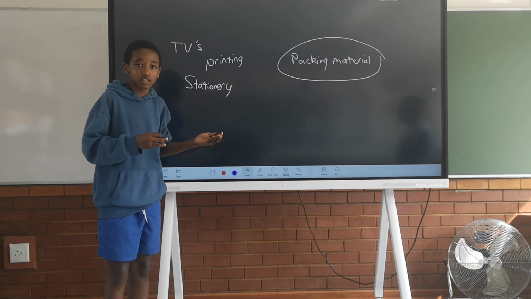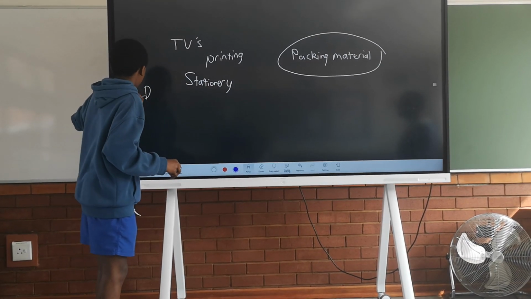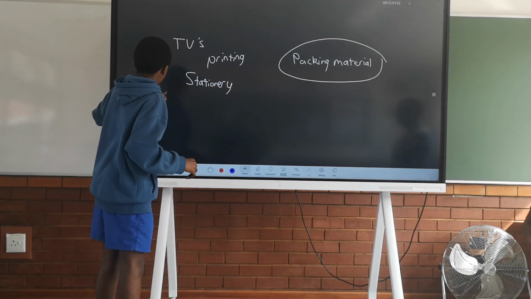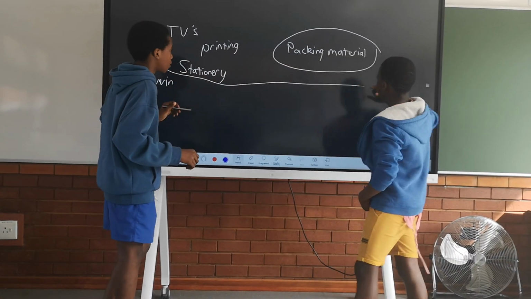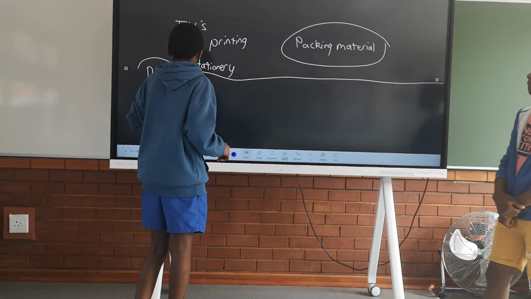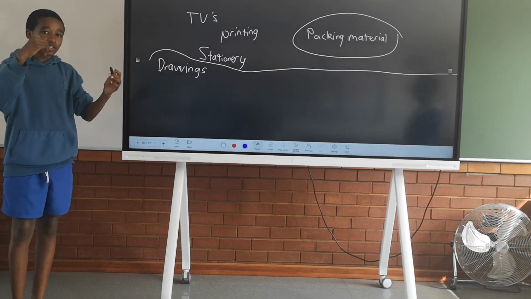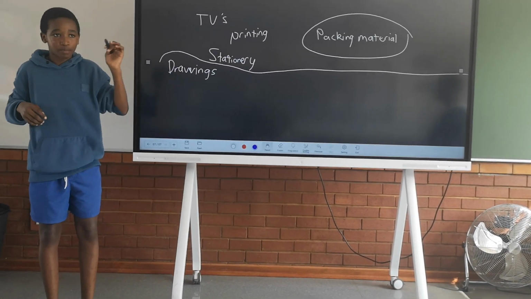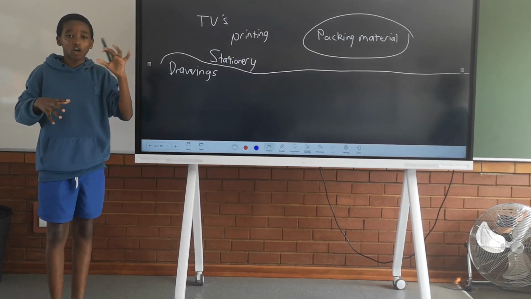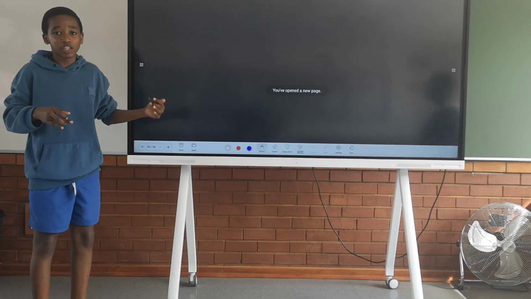Okay. And then we have our drawings. The drawings can be either money or objects. It's what is taken out of the business by the owner.